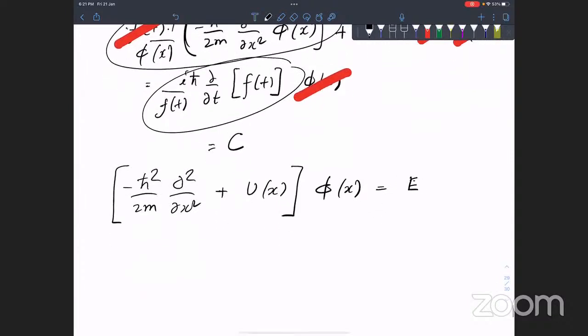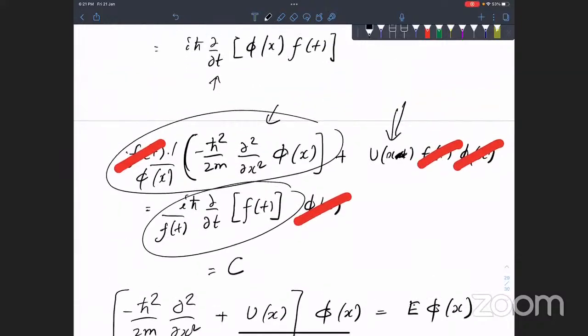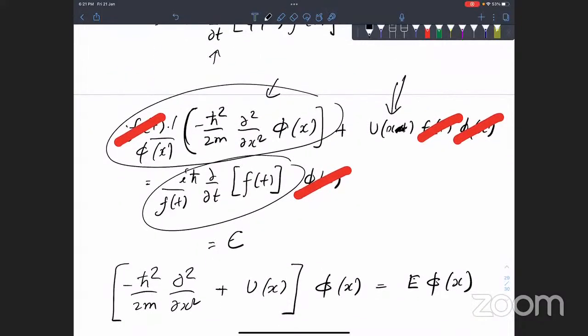And I'm going to call it E times psi of x. I'm going to call this constant E instead of C. And it will turn out that this is actually, we know this operator.